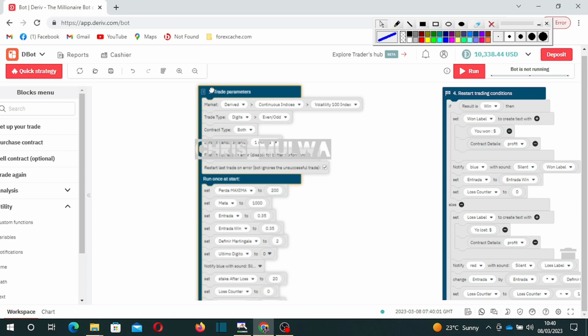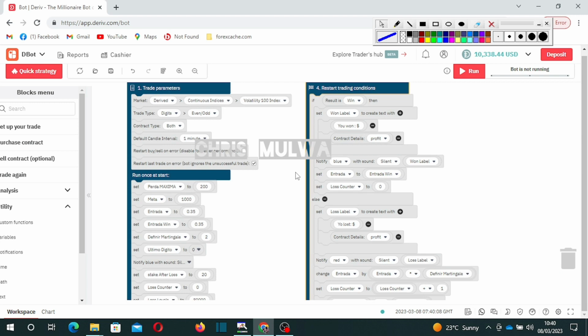So this is the famous Millionaire bot that I customized, and a lot of people have used it in South Africa, in Kenya, in Nigeria. Over 200 people bought this bot when it was profitable, and most of them made good money from this bot.